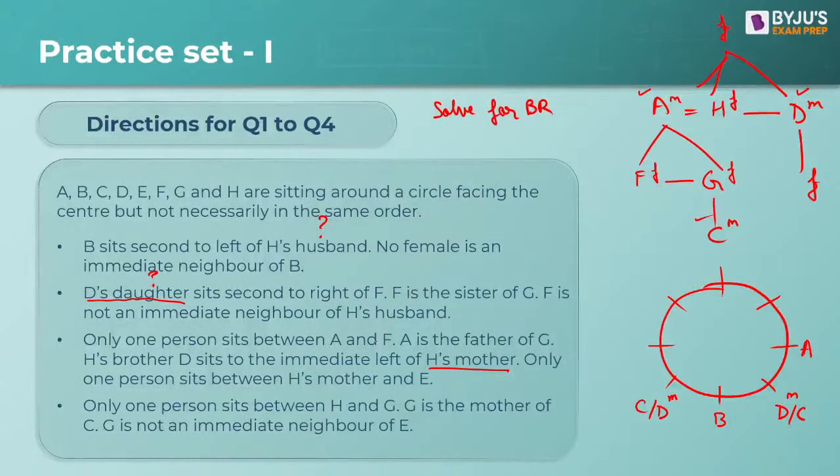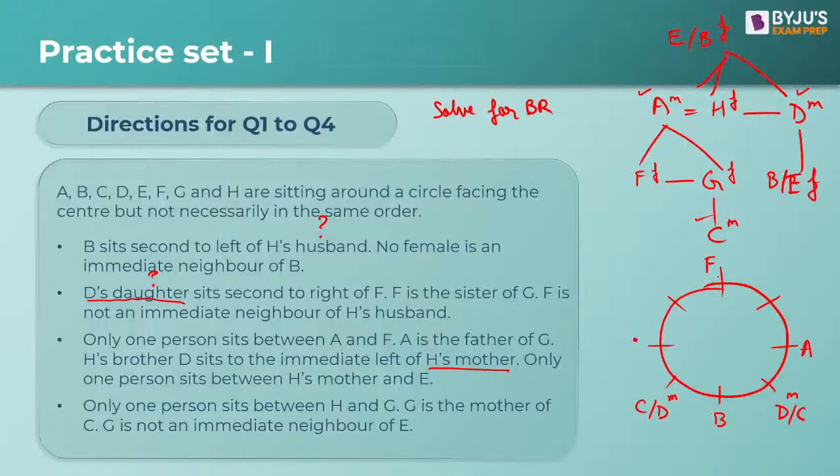Only one person sits between A and F. So this is A, so this should be F. Okay, D's daughter sits second to the right of F. This is F. So D's daughter is, we do not know, right? Now we know that these two people remaining are B and E. We were finding that they were among B and E. So second to the right of F means this person.